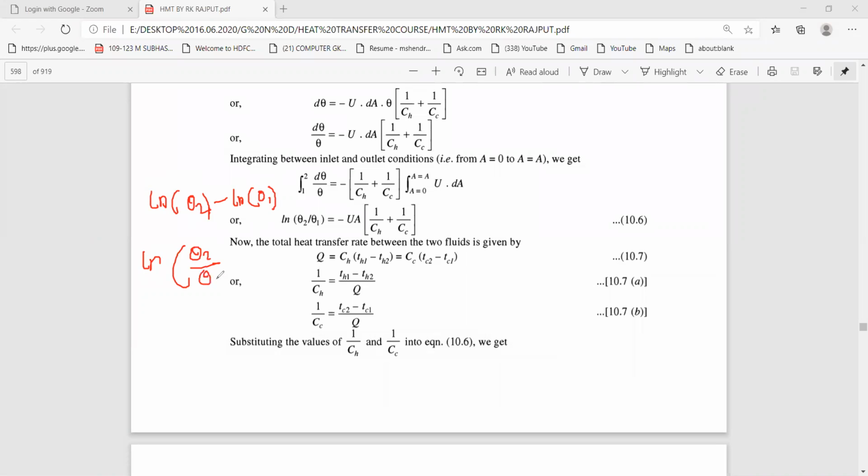Already you know all these things, but for those who don't, it is written here. So ln of theta 2 by theta 1.